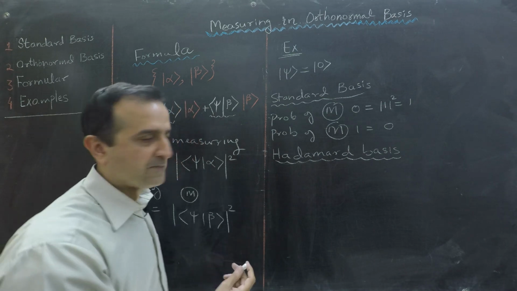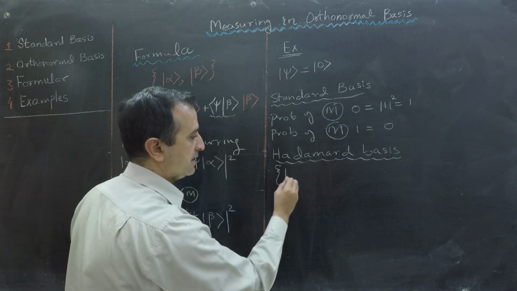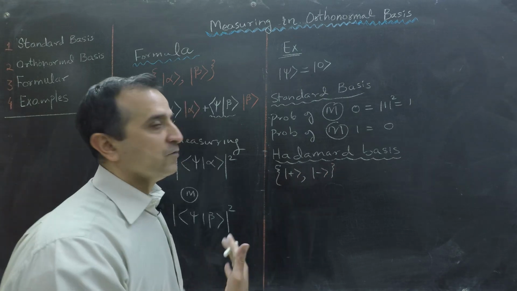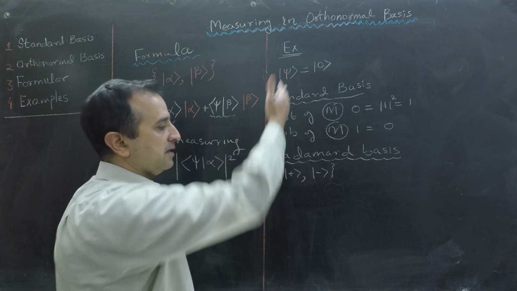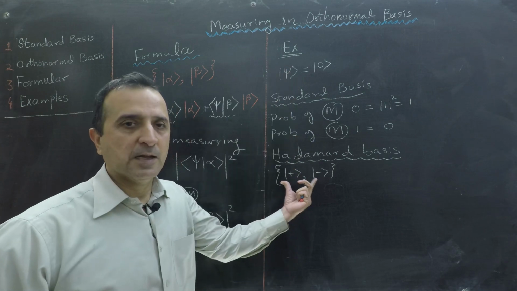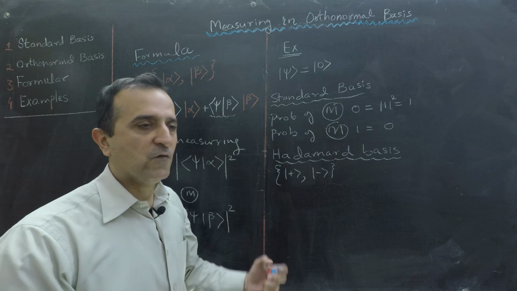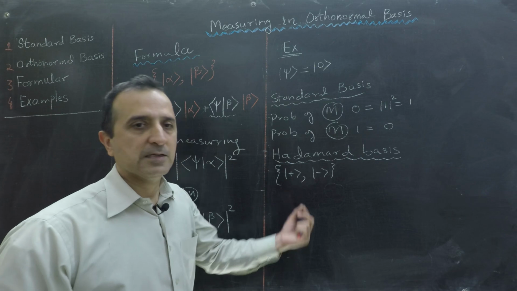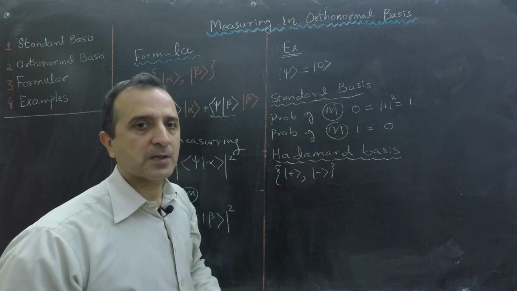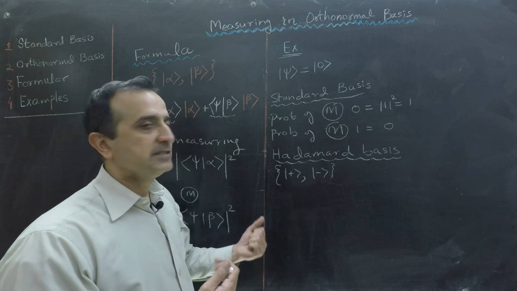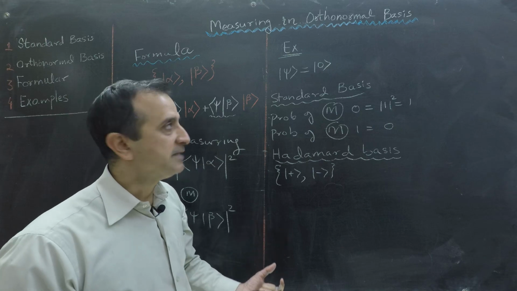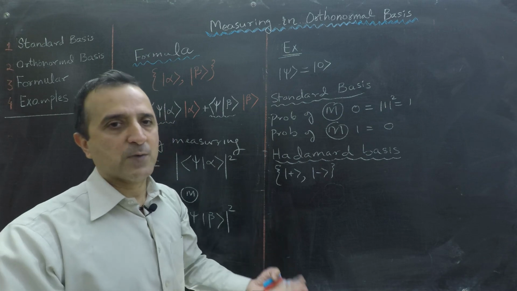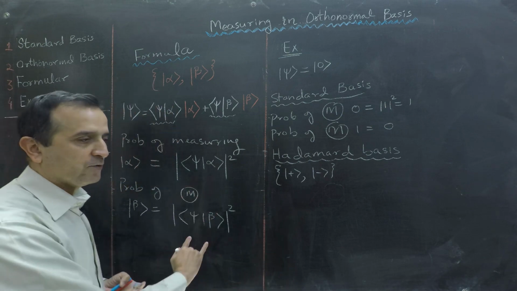We know that the Hadamard basis has ket plus and ket minus. We can express ket psi in the Hadamard basis and then take the square of amplitudes to find the probability of measuring ket plus and ket minus. Or instead of first expressing ket psi in the Hadamard basis, we can directly find probabilities using these formulas.